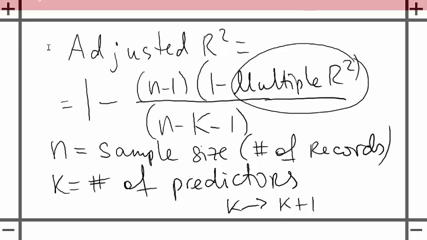What do you think? If I'm adding a variable that has nothing to do with what I'm modeling. Like, for example, in this case, it's hard to come up with one. So, price of the car. Let's say I want to predict the price of the car based on the age of the owner or something like that.